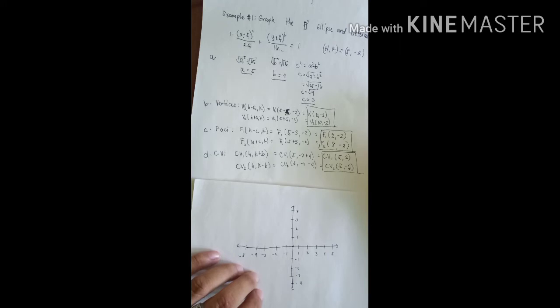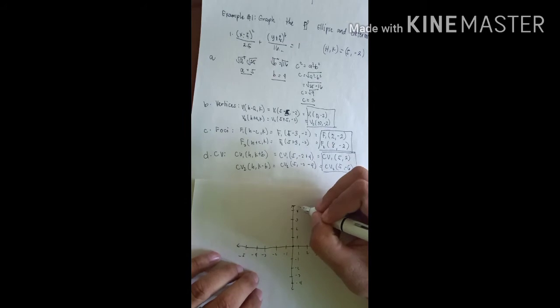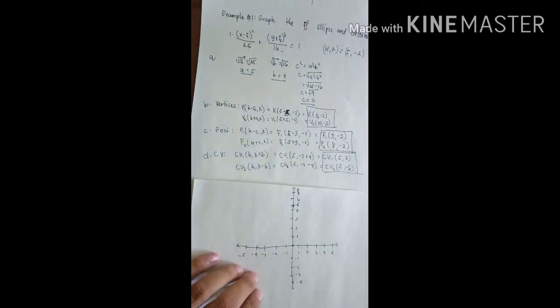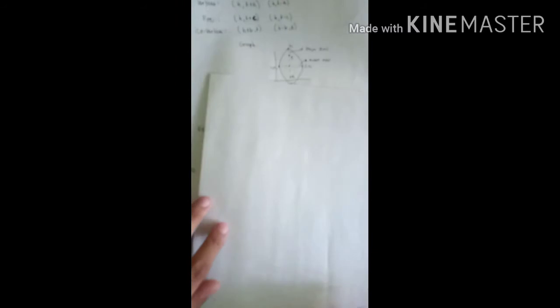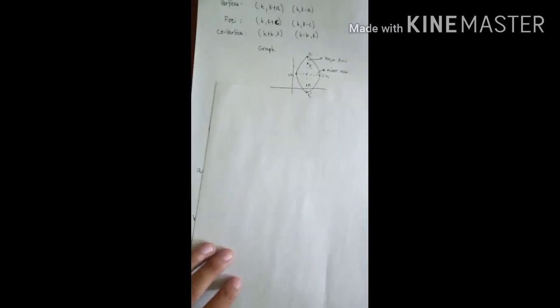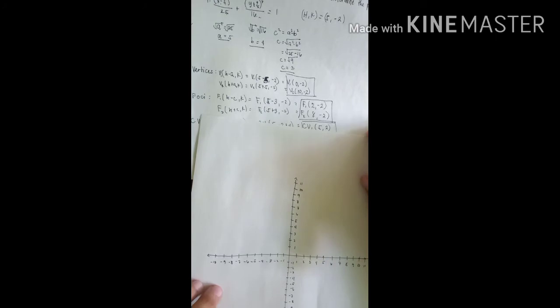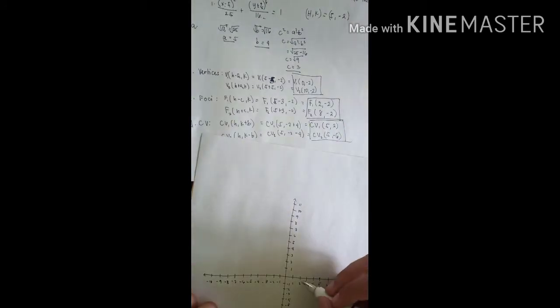Ulitin natin. First is V sub 1, 0 and negative 2.